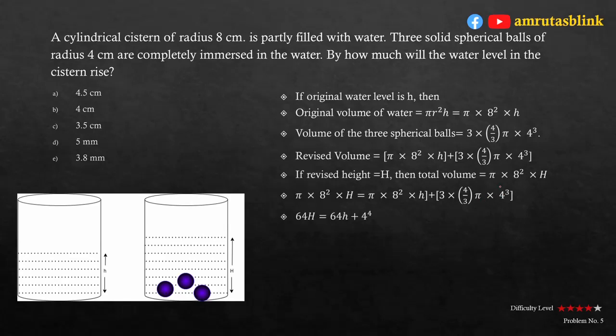Now we will take out pi common, and from that we can cancel out pi. So we will have 8 square into H.